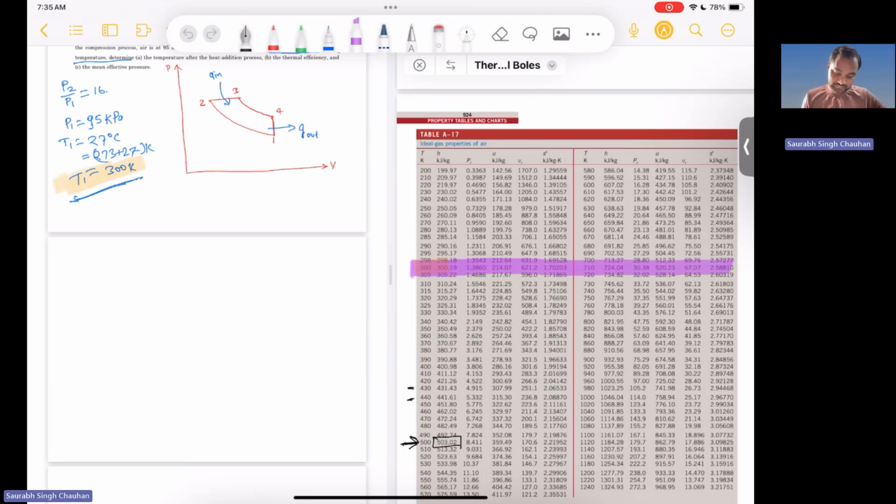So at 300 Kelvin, we have U is equal to 214.07, the specific internal energy, 214.07 kilojoule per kg. And VR is 621.2. VR1 is equal to 621.2.